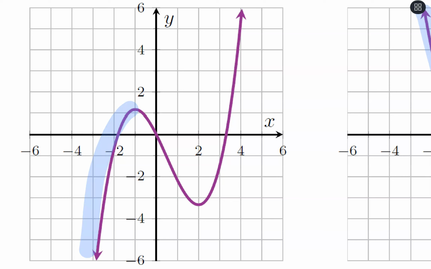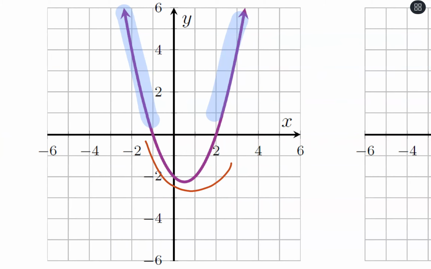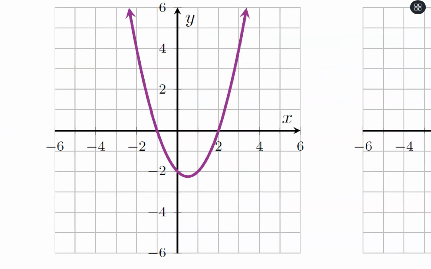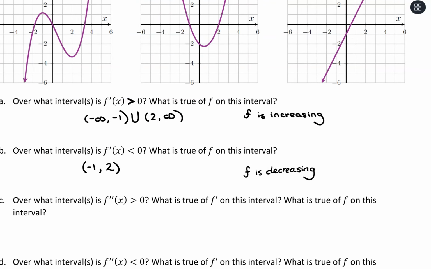So where we saw those positive values for our derivative, it isn't about just those locations, it's about moving along our function. So it's like we're moving and seeing how are we moving. So there's kind of movement in the early graphs, where in the later graphs we're kind of looking at a still picture of it. Okay, over what intervals is f double prime of x more than 0?